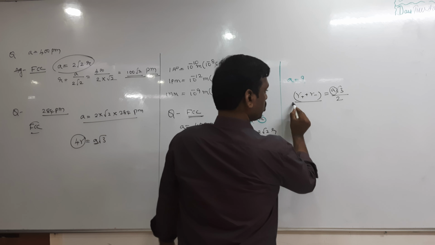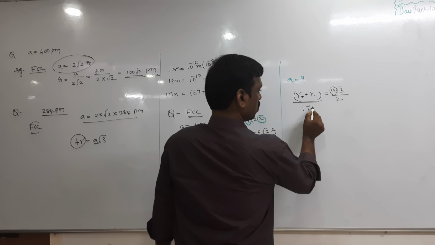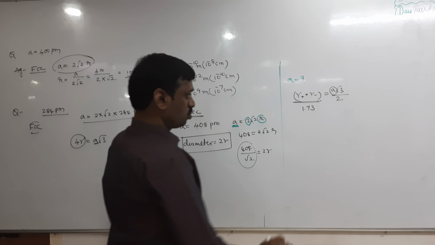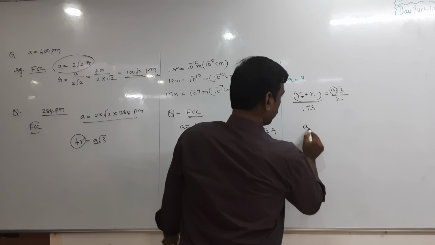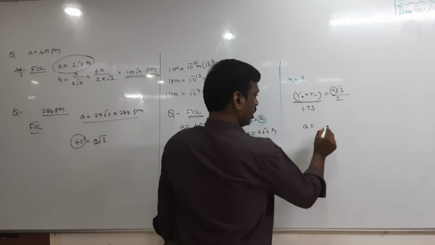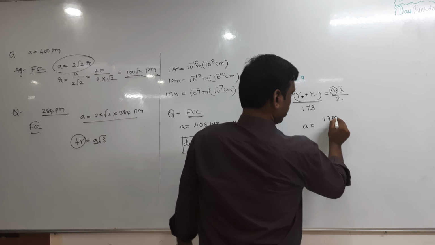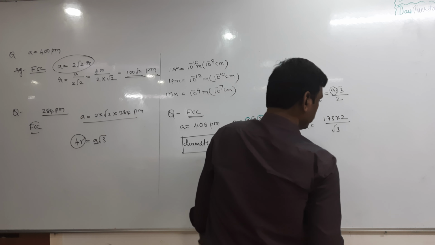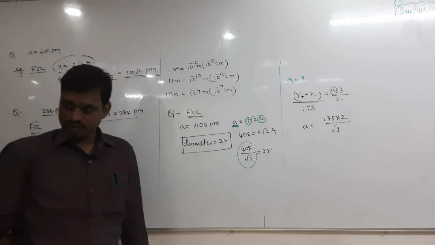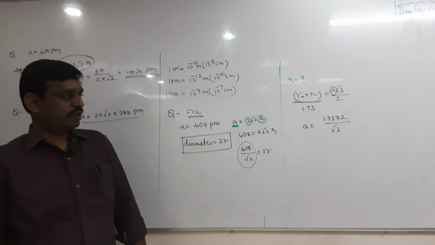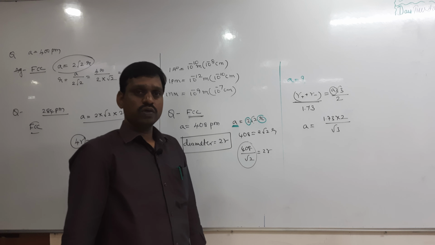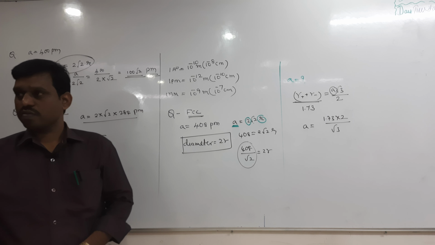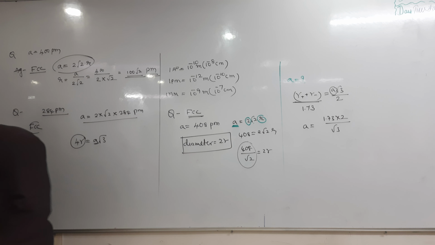This value given, how much is it? 1.73. So A equal to 1.73 into 2 divided by root 3. What is the value of root 3? 1.73. It means A is 2 angstrom. Right? This is another model question.